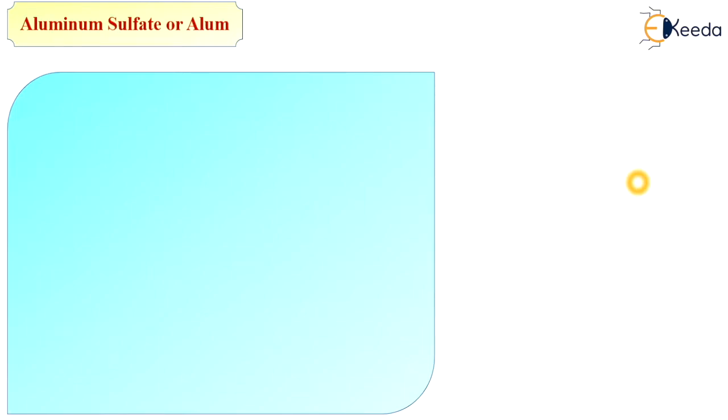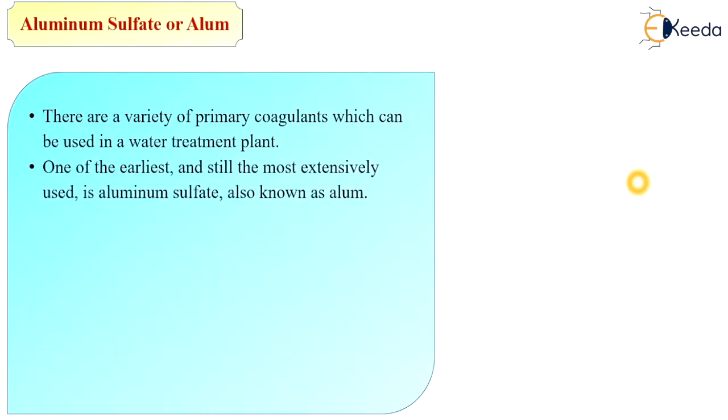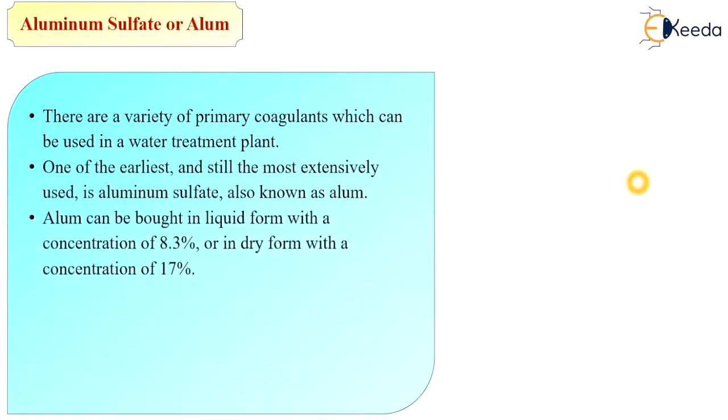The next coagulant, or form of aluminium salt, is aluminium sulfate or alum. There are a variety of primary coagulants which can be used in a water treatment plant, and aluminium is one of them. One of the earliest and still the most extensively used is aluminium sulfate, also known as alum. Alum can be bought in a liquid form with a concentration of 8.3% or in a dry form with a concentration of 17%.